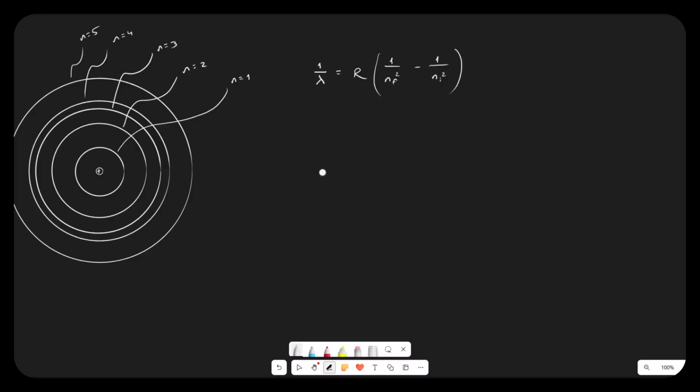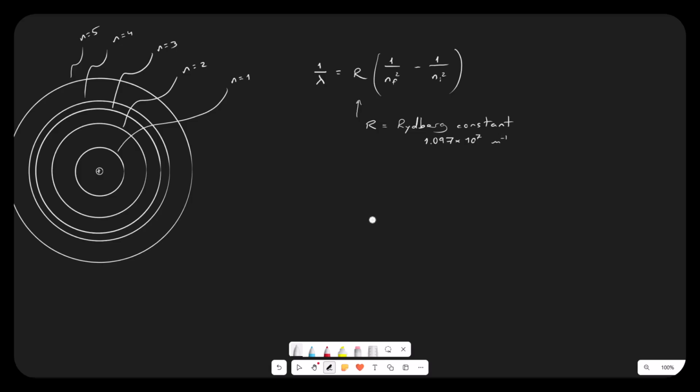We end up with a mathematical formula that looks like this. This is called the Rydberg formula, and R is the Rydberg constant. And it is 1.097 times 10 to the 7th inverse meters.